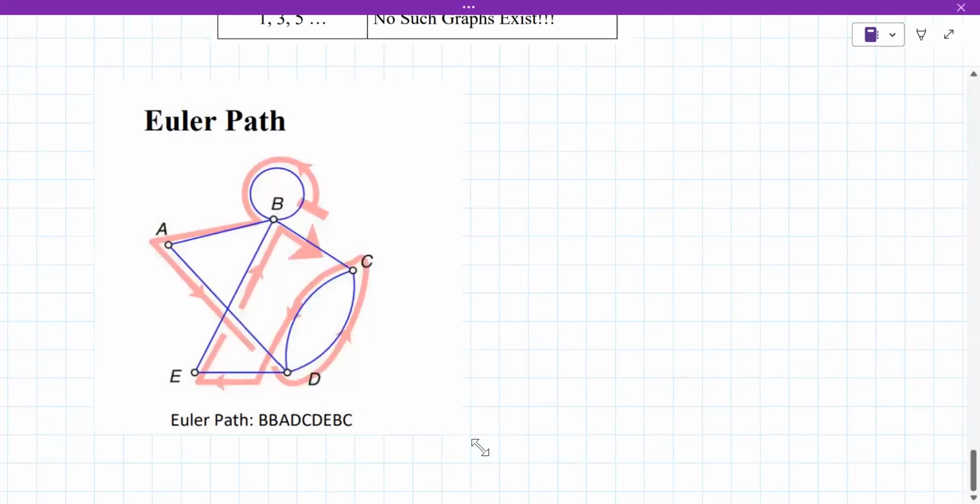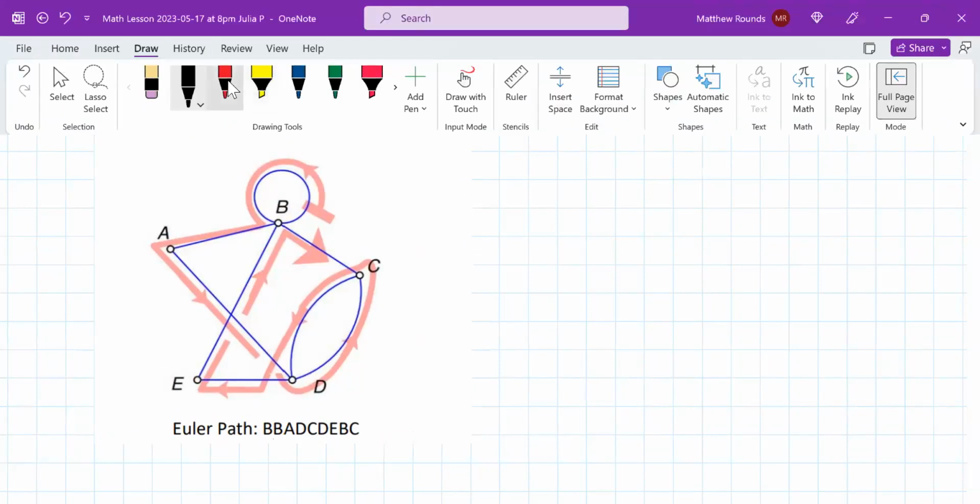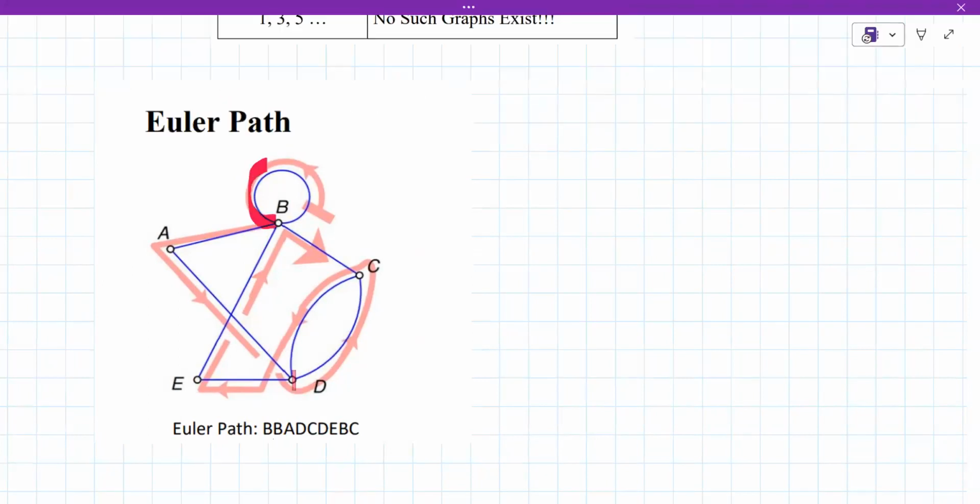So the path they give you, and there may be more than one, you start at B, go around to there, then go to A, go to D, go to C, back there.